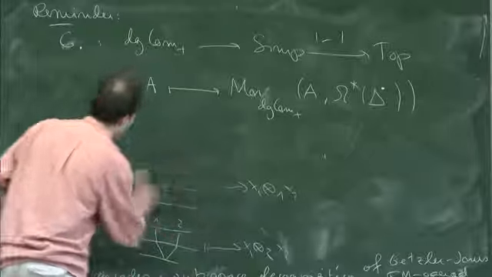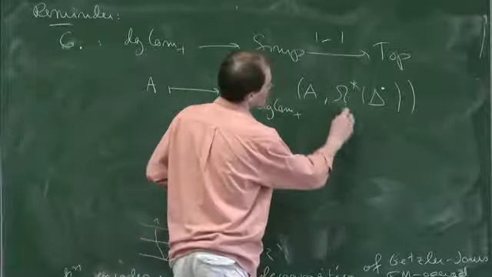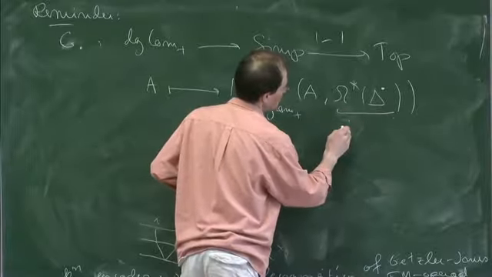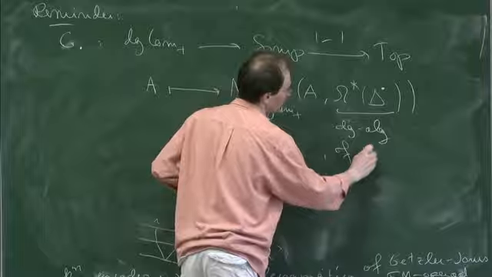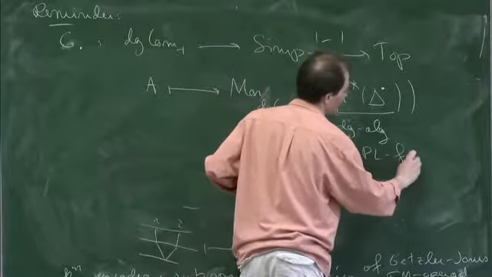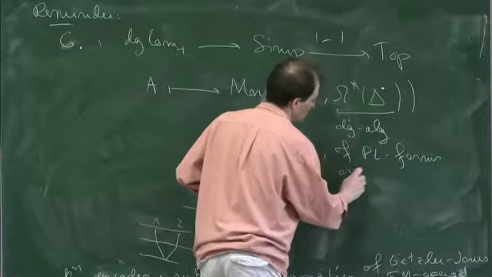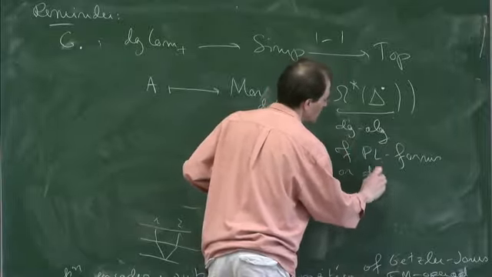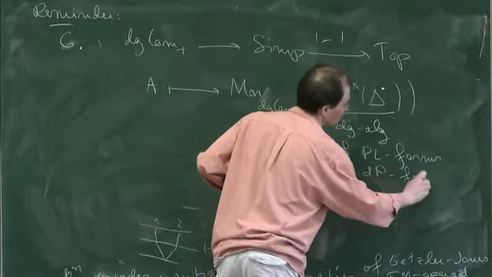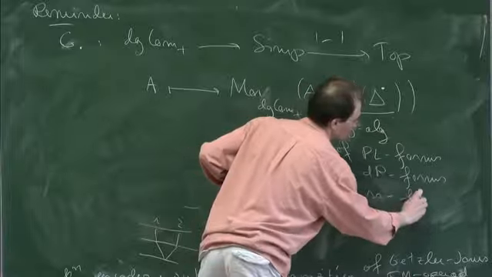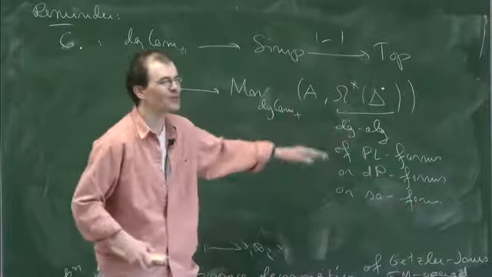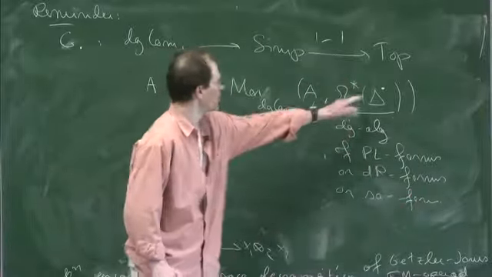So these are the DG algebras of piecewise linear forms or de Rham forms or semi-algebraic forms or any kind of form that you like on the simplices.